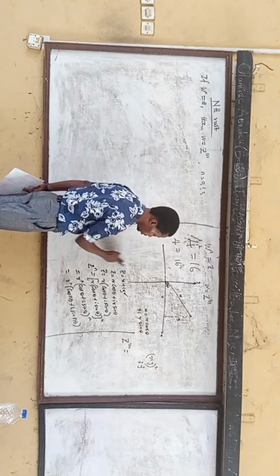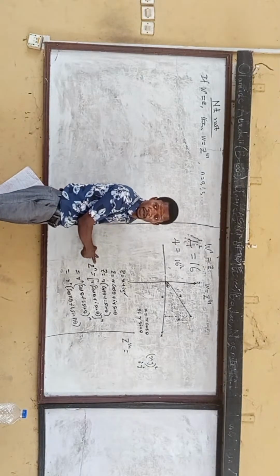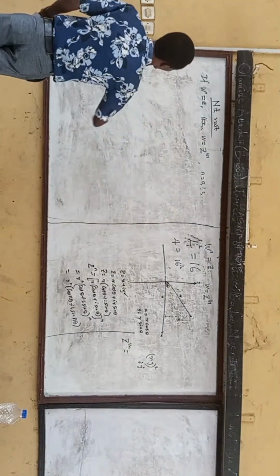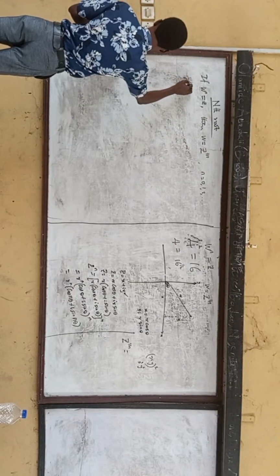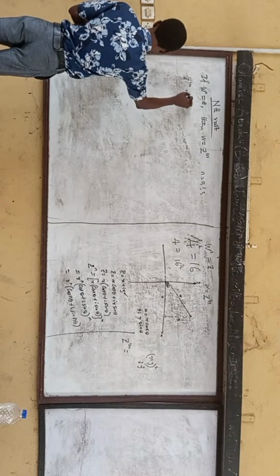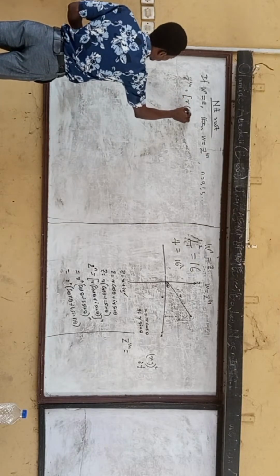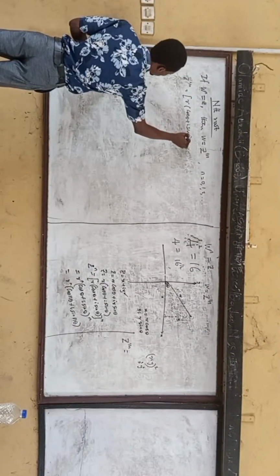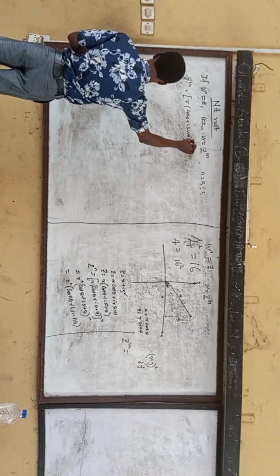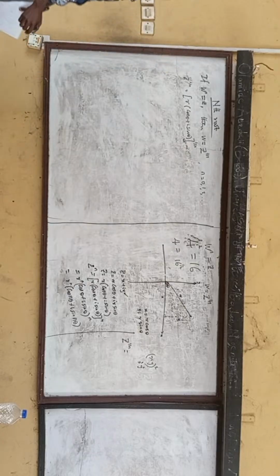So z raised to the power 1 over n is now defined to be R cos theta plus i sin theta raised to the power 1 over n. Are we okay?